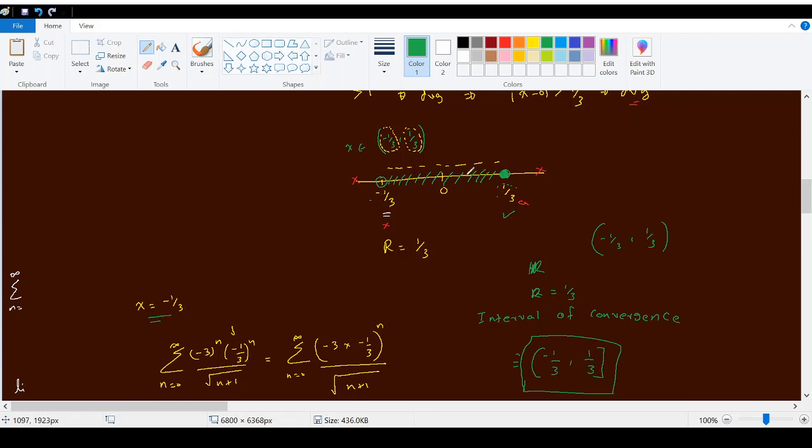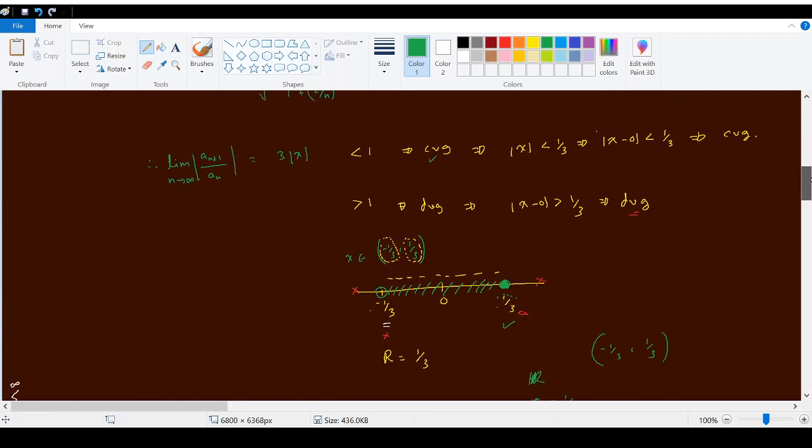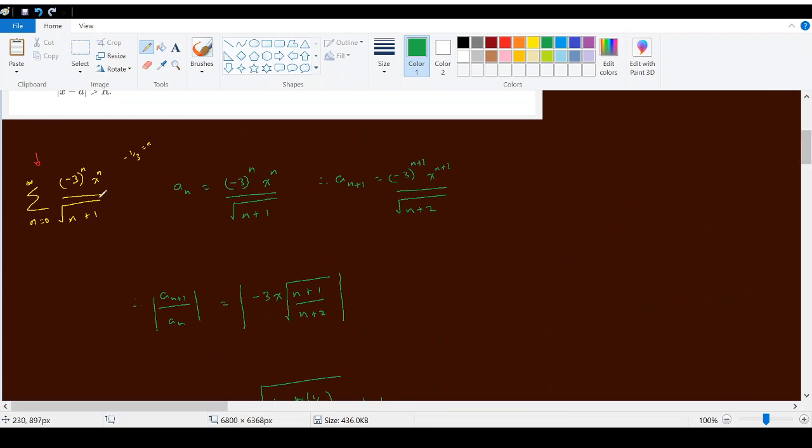For all those x values, when you substitute it in our series, it will converge, right? This series will converge for all the x values within this interval. And we have another data outside this interval: when we substitute, the series will diverge, right?